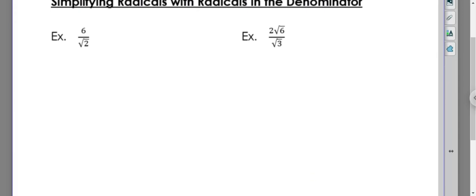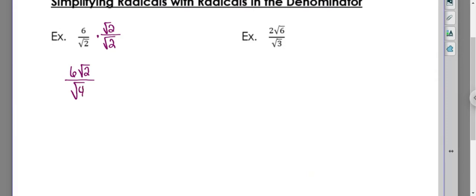So if the square root of 2 is in the denominator, I need 1 more to make a pair of it. So multiply the numerator and denominator, just like you would change any fraction, by the same thing. So up here, I have 6 times the square root of 2. Below, square root of 2 times the square root of 2 becomes the square root of 4.